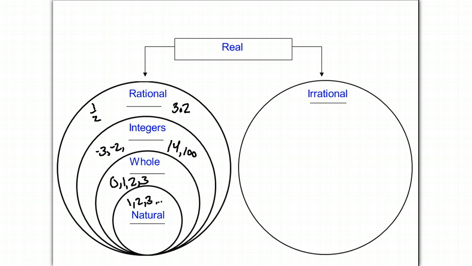And then anything that's irrational is numbers that we can't write as a fraction. These are a little harder to come up with because there aren't as many. Actually, this circle should be a little bit smaller in comparison to the rational numbers. I'll show you another organization system for it all in a second. But anything that's irrational is anything that can't be written as a fraction. Some examples that a lot of people know are pi.